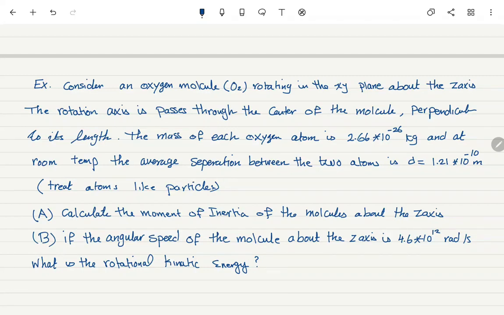As a hint, treat atoms like particles. Calculate the moment of inertia of the molecule about the z-axis, and if the angular speed of the molecule about the z-axis is equal to 4.6 times 10 to the power 12 rad per second, what is the rotational kinetic energy?